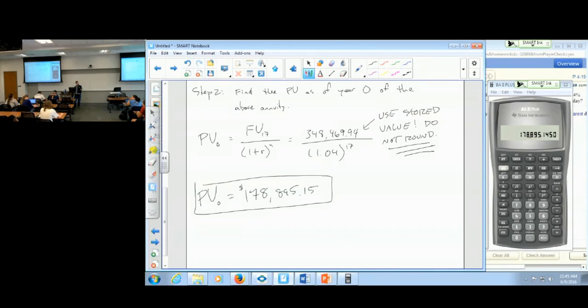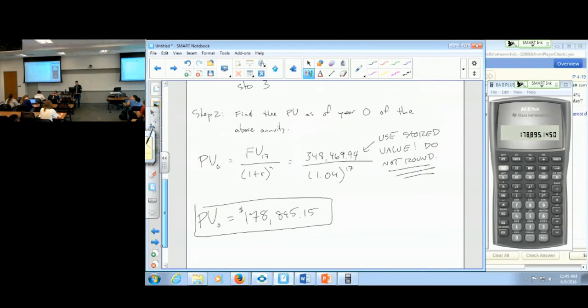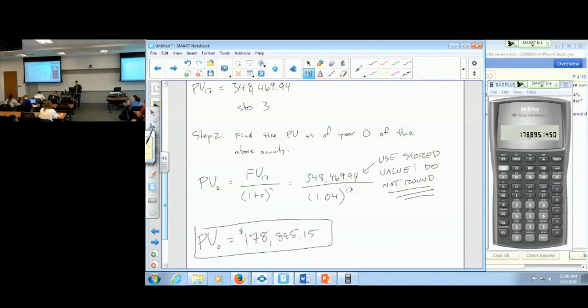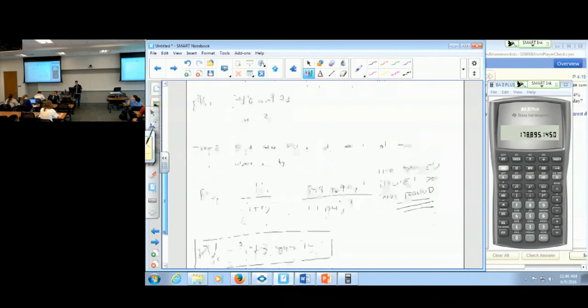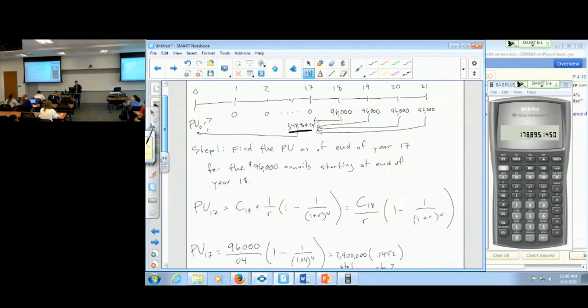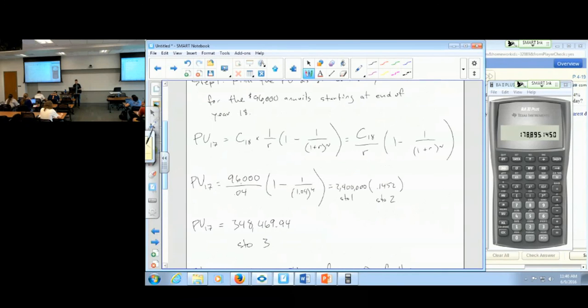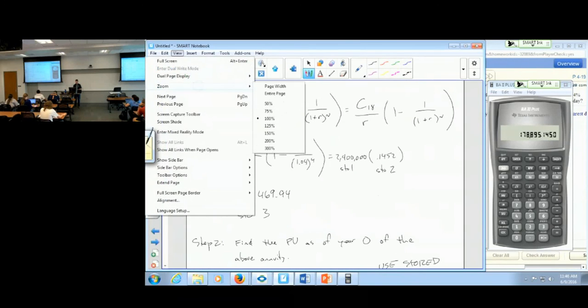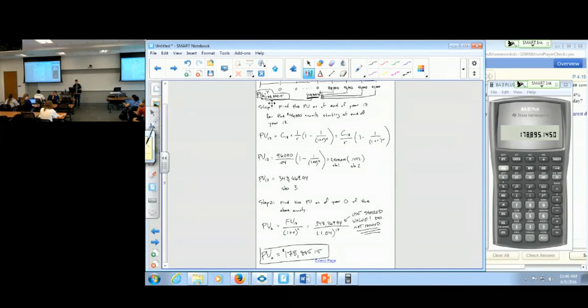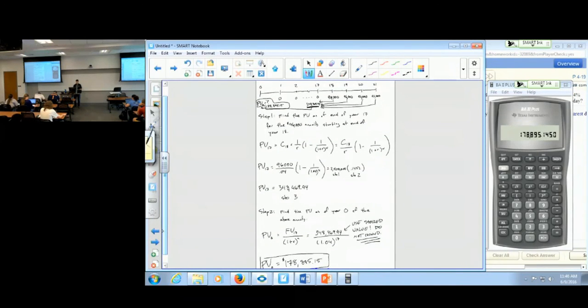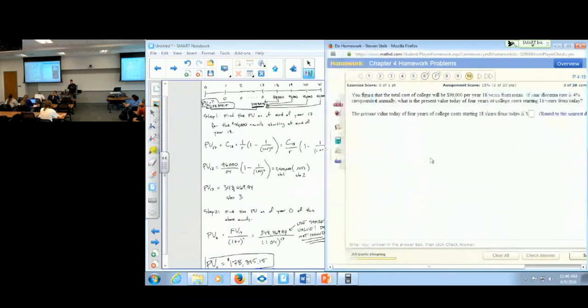So instead of having to fund a $350,000 bill 17 years from now, I can deposit $179,000-ish today and have it covered. Let's make sure that's actually right. Not always guaranteed.